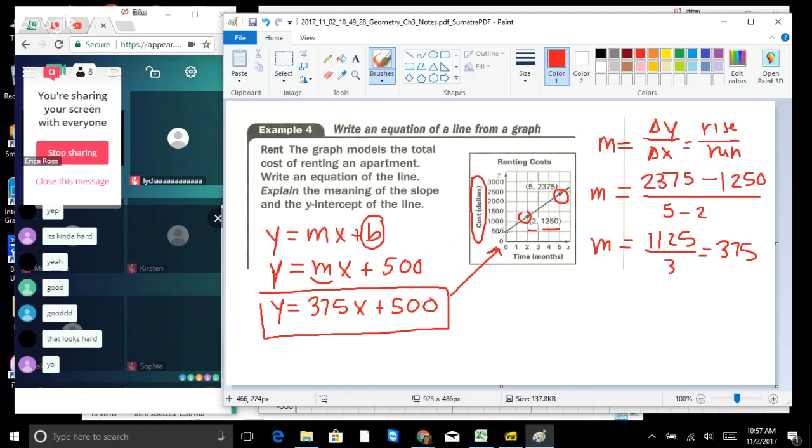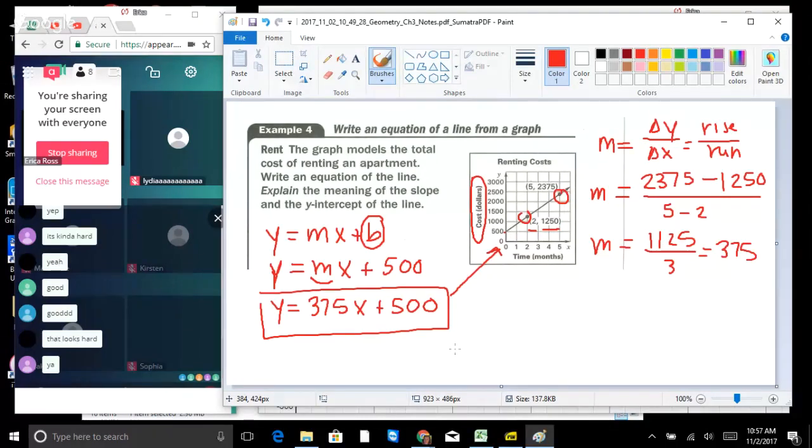Okay, so then what does the slope mean? The slope actually says that I rise $375 and I run 1. So that means for every 1 month, you're rising $375. So does it make sense that $375 would represent your cost per month?